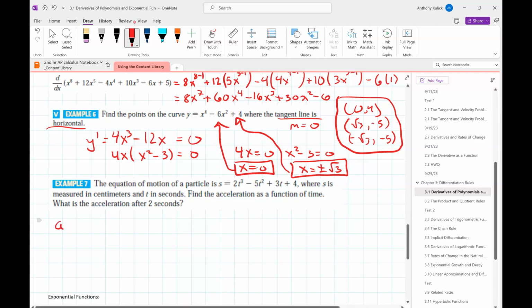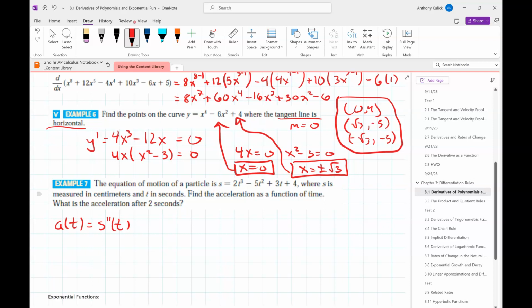Why are there so many steps? Well, what you need to remember is that the acceleration is the second derivative of position.